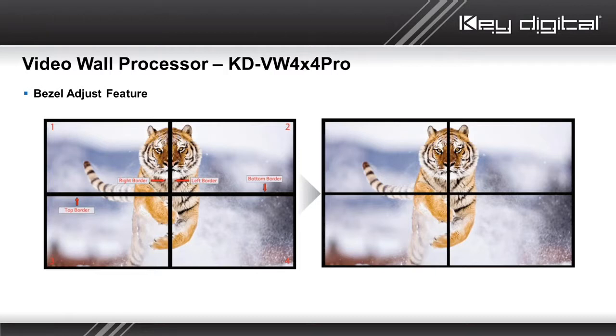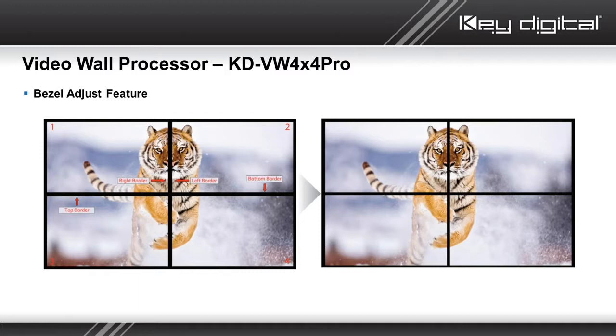That is bezel adjustment. And you can look left and right to see without and then with bezel adjustment applied. Your four borders are able to be basically pushed off the screen up to 100 pixels through an RS-232 or TCP/IP command, and you can see the need for that.